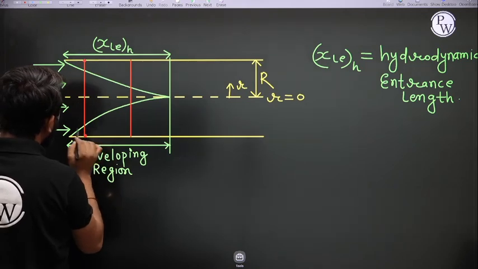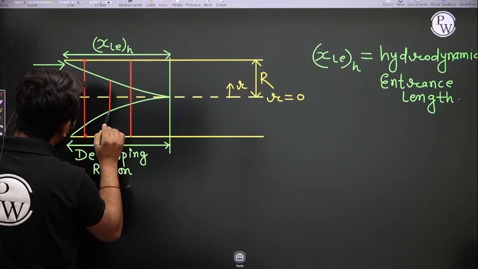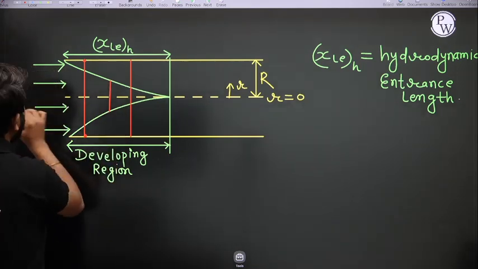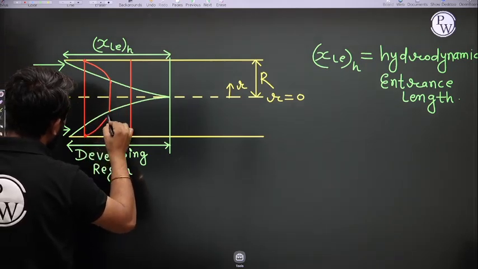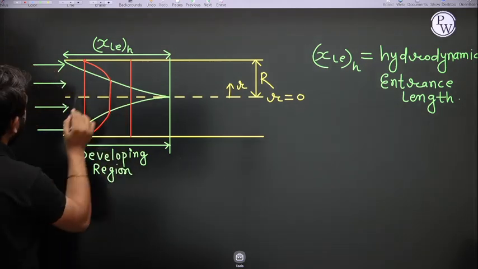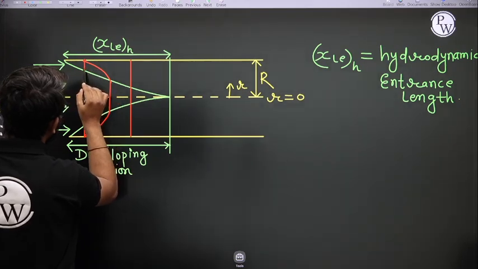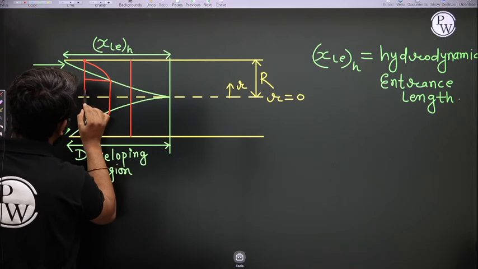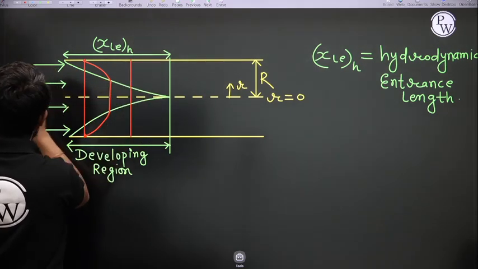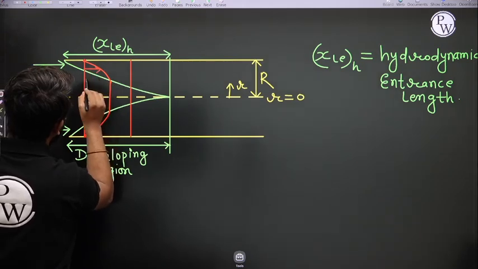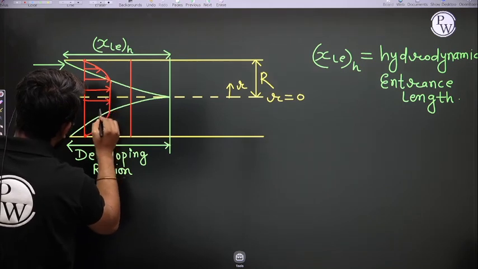Here also at the wall the velocity is 0. And outside the boundary layer, everywhere the velocity is the same, or I can say every layer has the same velocity. So this is the velocity profile.